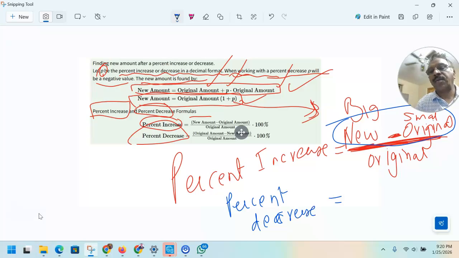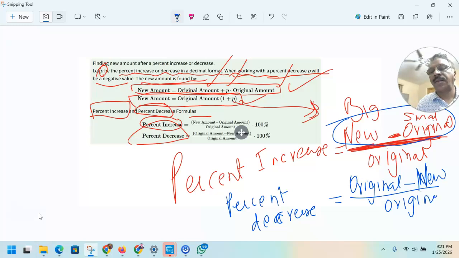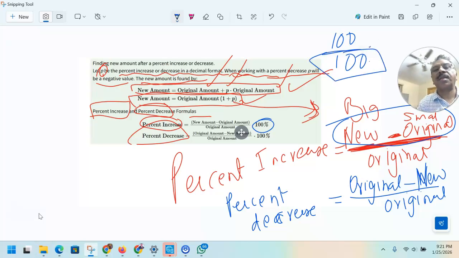Then you do original, because the original price was the big number, minus the new one, and divide by the original. So the original will always be at the bottom. And then whatever you get, you multiply by 100, meaning 100%. Eventually, it's out of 100. As we progress, we'll see.